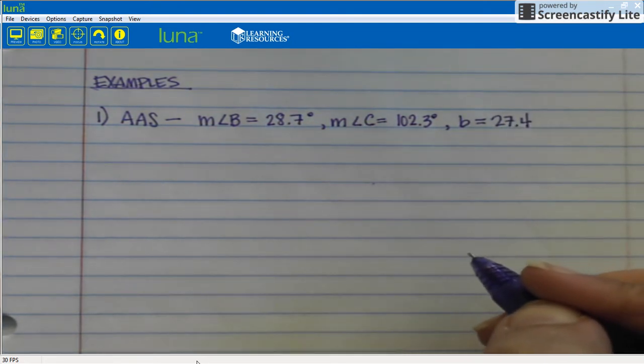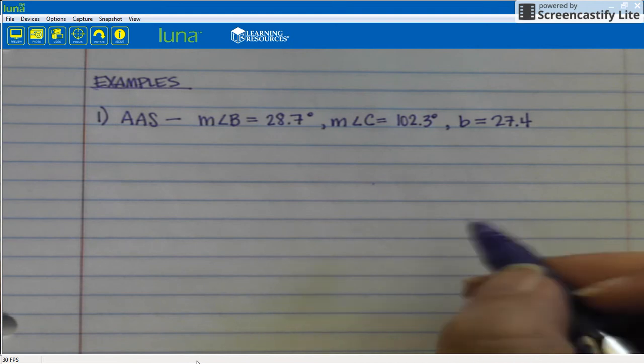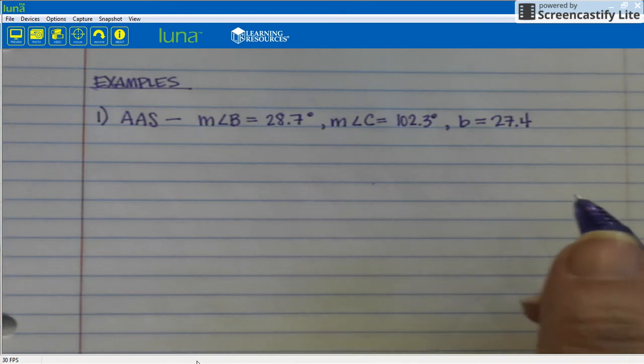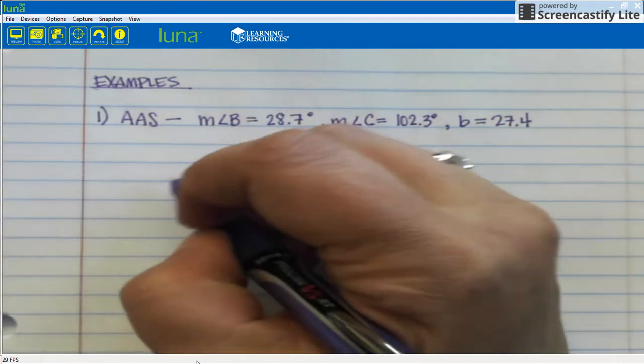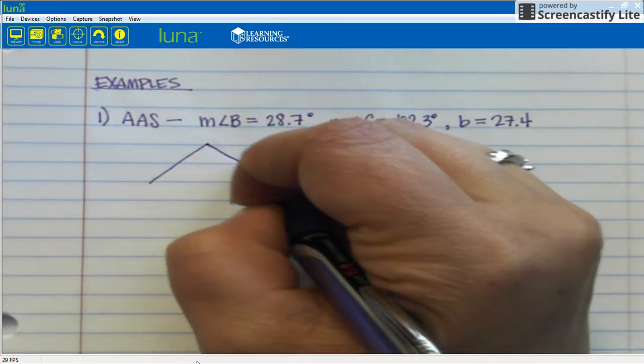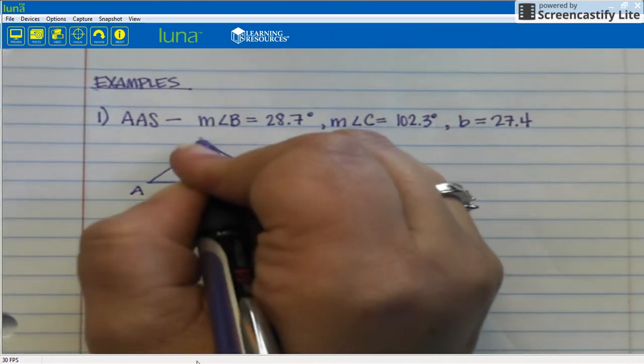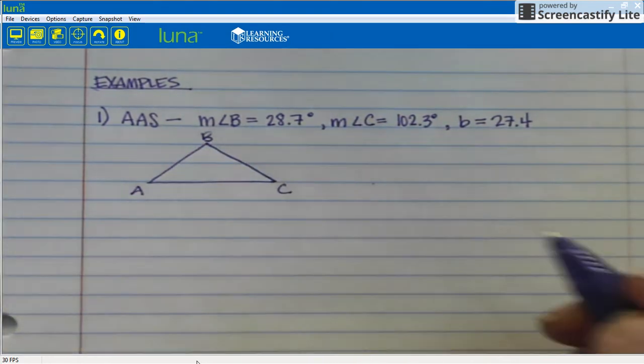Solve for the measure of angle A, little a and little c. So what you're trying to do is solve the triangle.